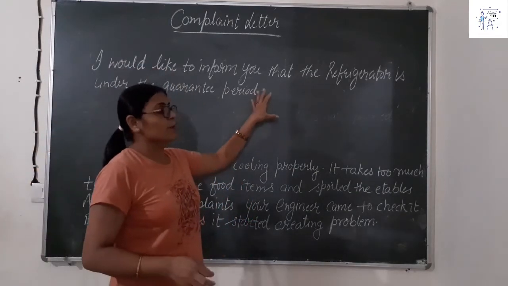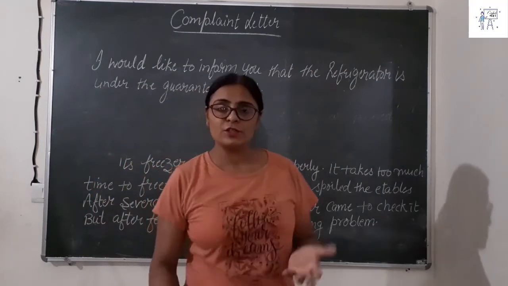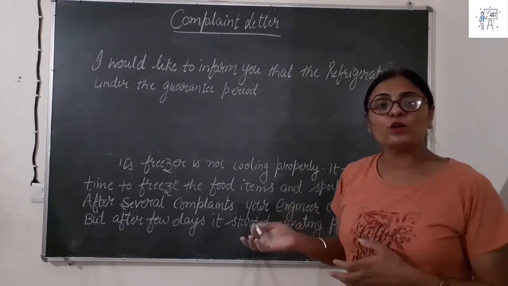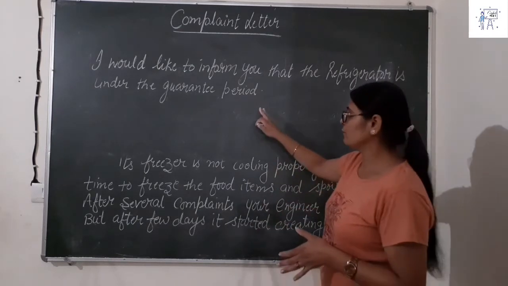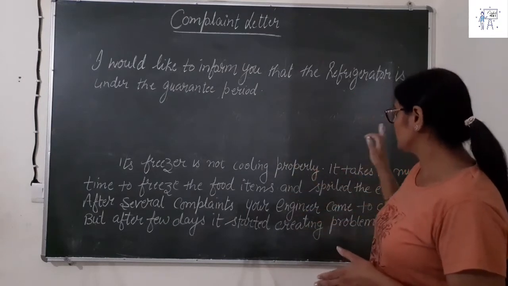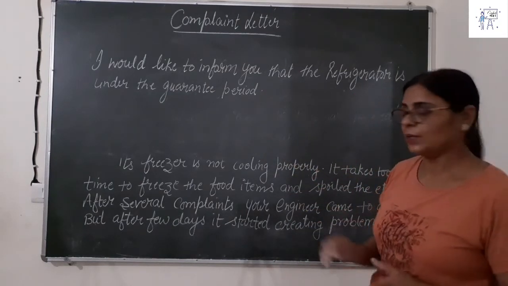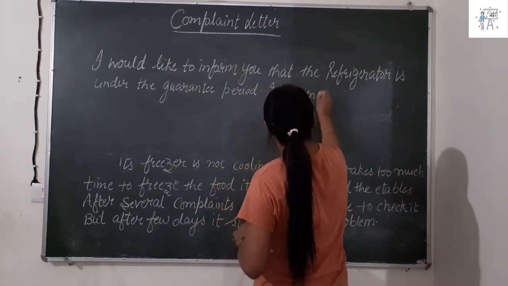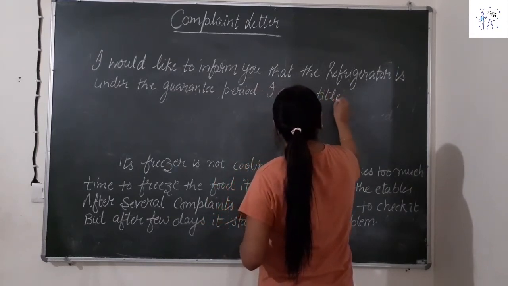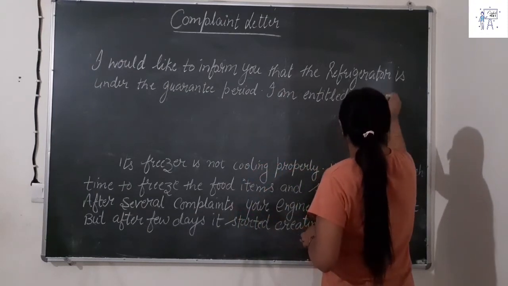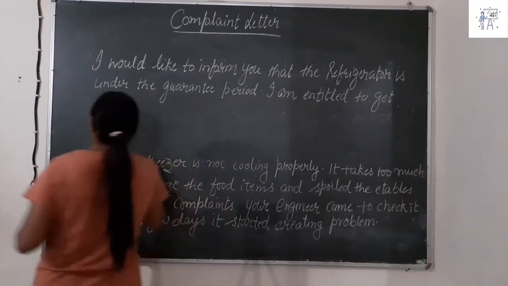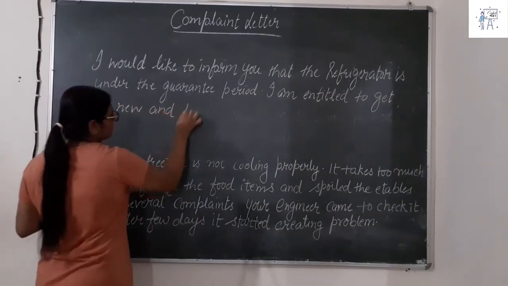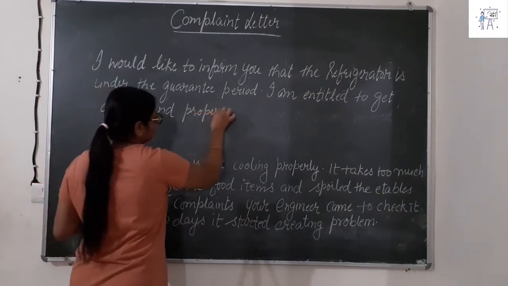Here I am writing this because I don't want it to be repaired again and again by the workers or engineers. So why should I not replace the product? That's why I have written here, I would like to inform you that the refrigerator is under the guarantee period and I am entitled to get a new and proper product.